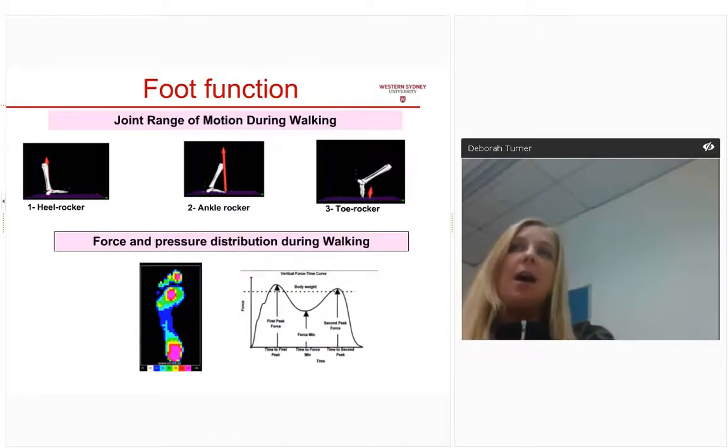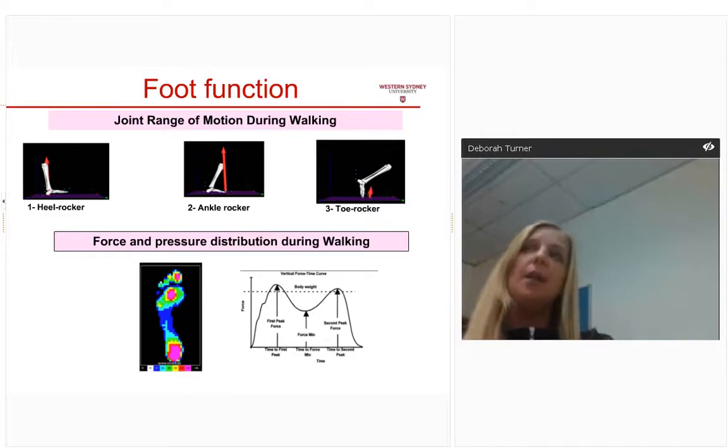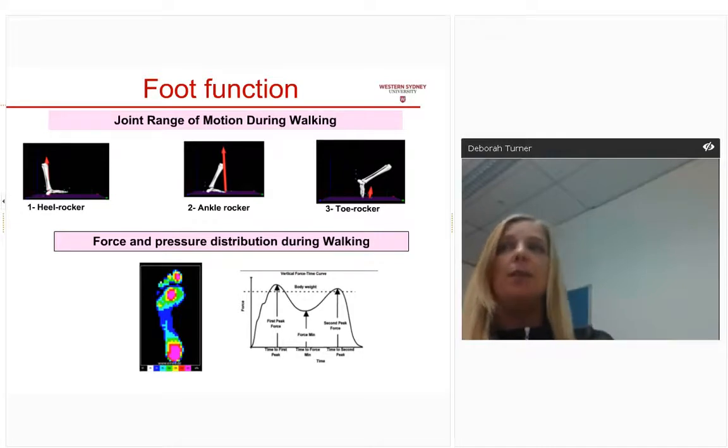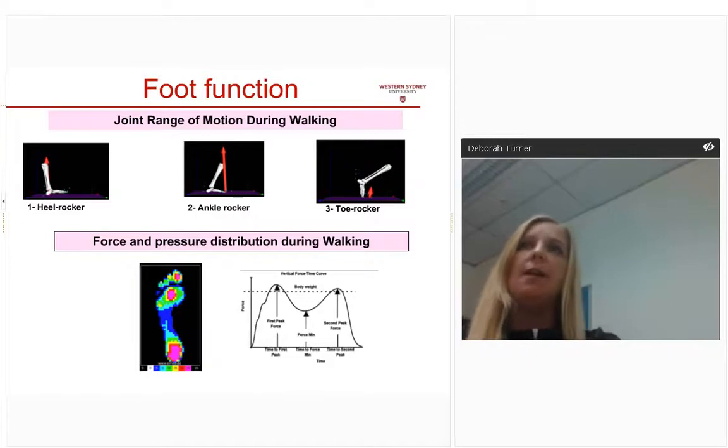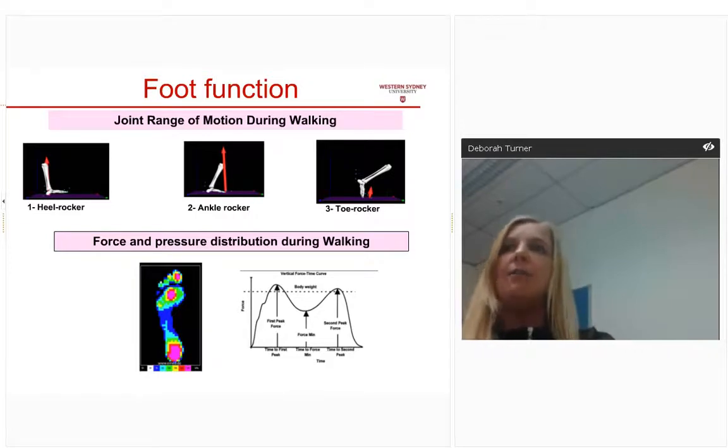Now, I've mentioned that we really need to consider the aspects of the foot in terms of key areas of the foot, but the required function as well. And this is quite a simplistic view of foot function, but really we would consider that we have our primary goal of the heel rocker at initial contact or heel strike. And really the structures under the heel are designed to take around 110 to 120% of body weight.